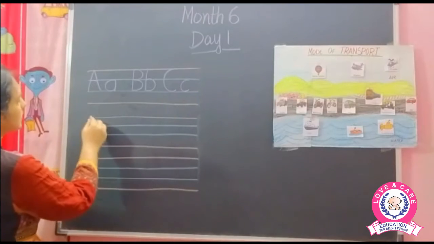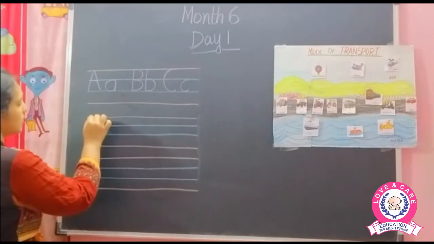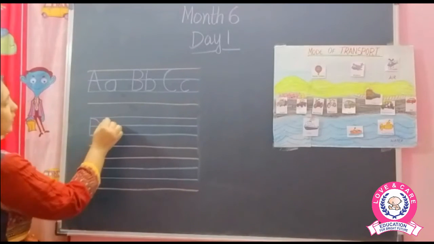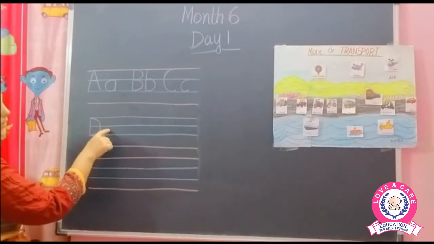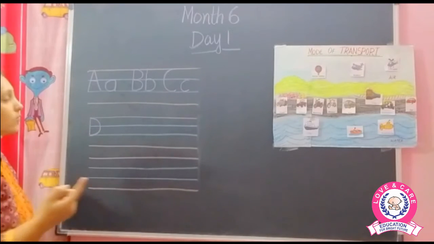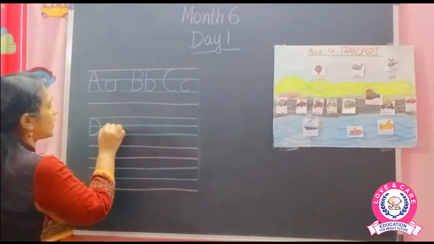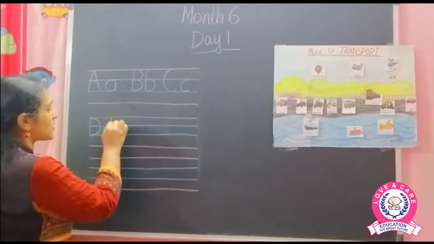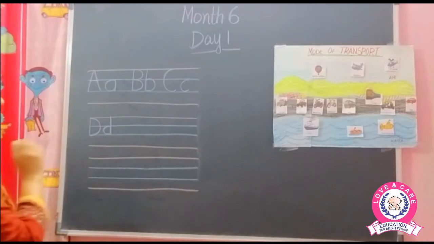Then D. This is the capital D, red line to second blue line. When we write the small d, I have taught you the trick. That is, you have to write first the C and then make a standing line. This is the small d.